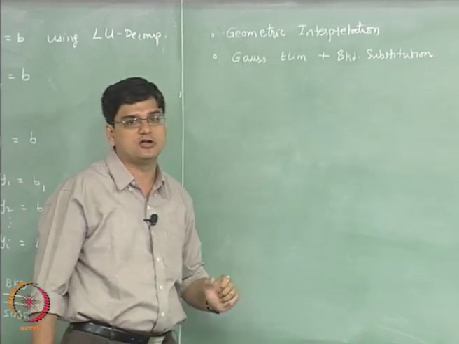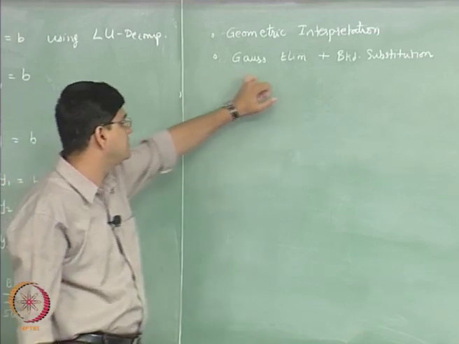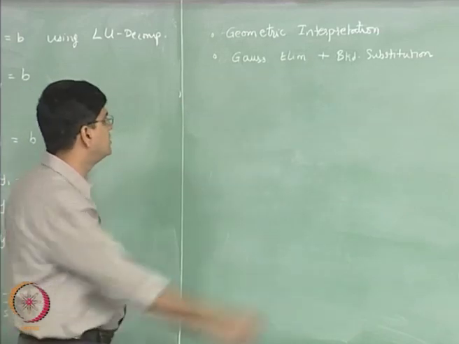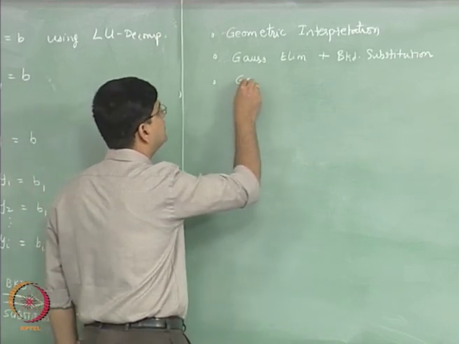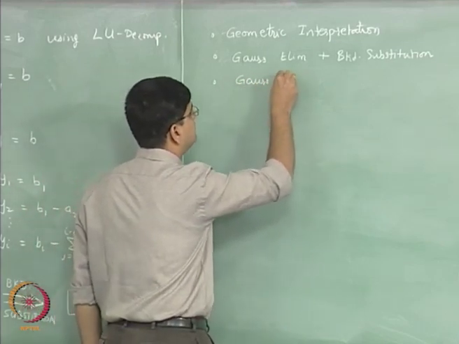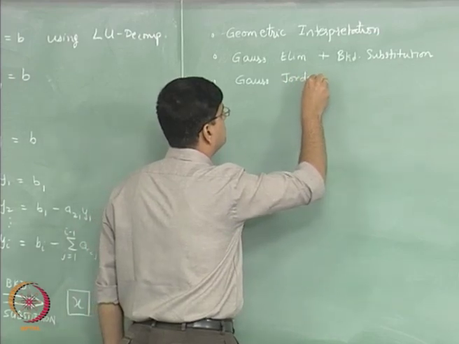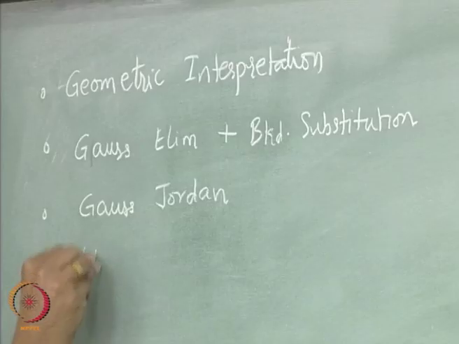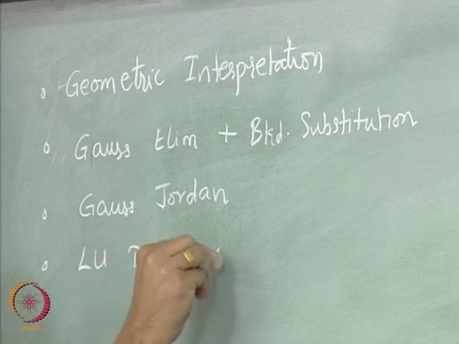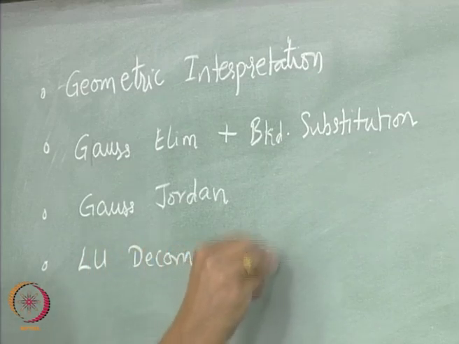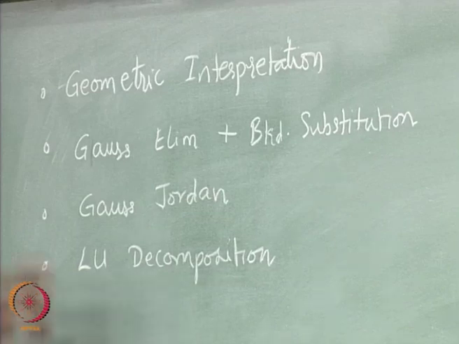That is what we did when we talked about the Gauss elimination method. Then we took two other methods, which is the Gauss-Jordan method and then the LU decomposition method. Okay. So this is what we have done so far.